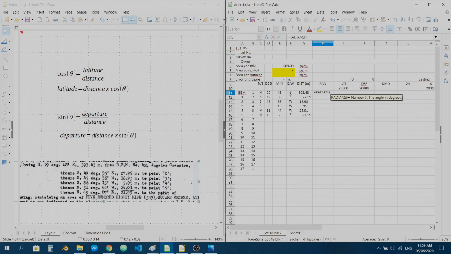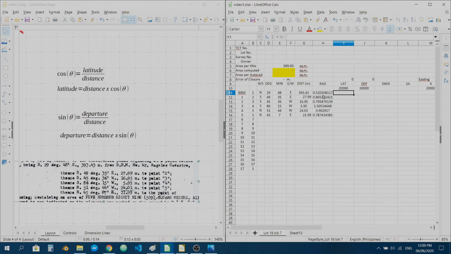So, the angle in degrees plus the minutes. But we need to convert the minutes to degrees by dividing by 60, because 60 minutes is equivalent to 1 degree. Let's do that for the rest.